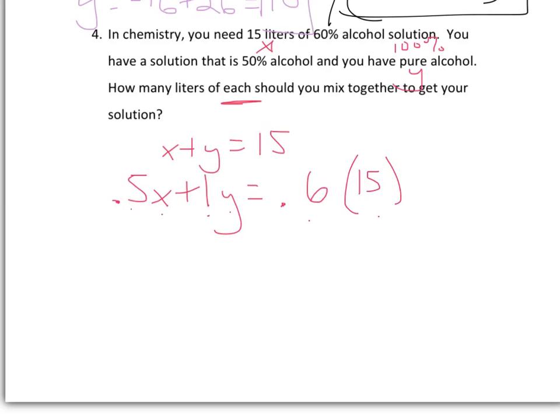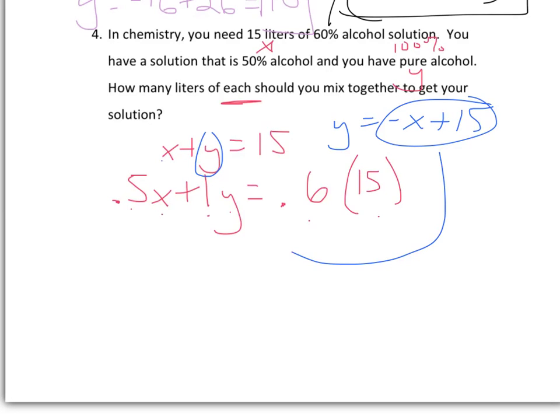So this one you could choose either of the variables because they both work out just fine. Well, let's go ahead and do y. We'll solve for y, so y is going to be equal to negative x plus 15, because you subtract the x over. So that means you take this, plug it in for y, and we'll have 0.5x plus 1 times, so you don't have to worry about anything else.